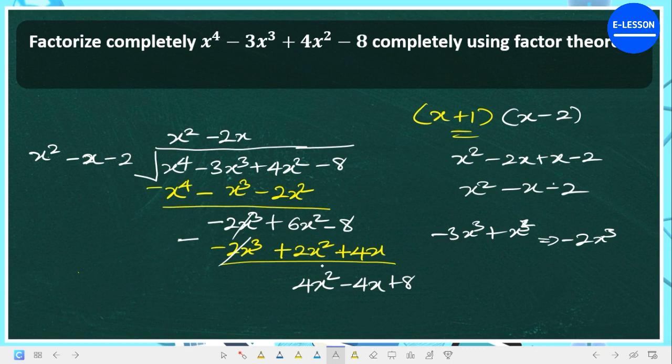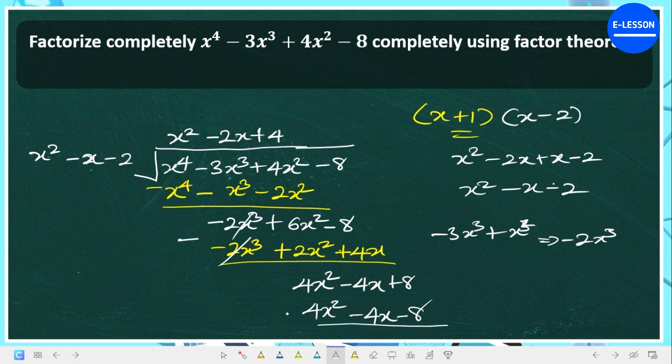So at the end of the day, what do you think we are going to have? You use this now to divide this. If this goes into this, it's going to give us plus 4. 4 times this is 4s squared. 4 times minus s is minus 4s. And then 4 times minus 2 is what? Minus 8.